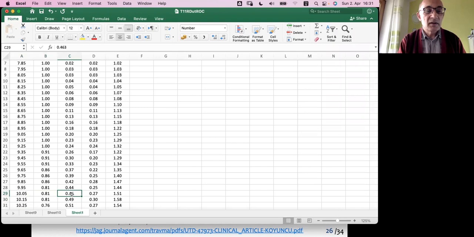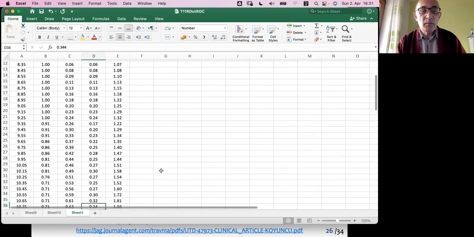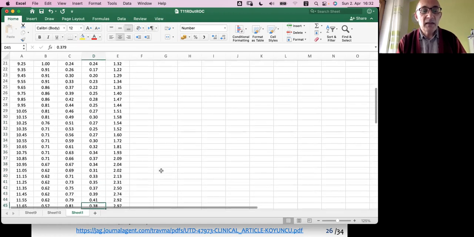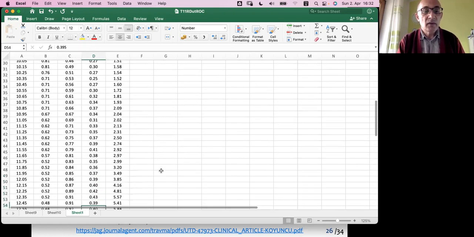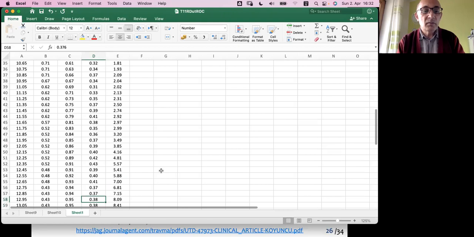However, the specificity is increasing and the likelihood ratio is increasing as well. And also, of course, the Youden index. So my purpose is to find the maximum Youden index or the maximum likelihood ratio. If you have a good data set, you should come up with a point where you can easily recognize the maximum Youden index.